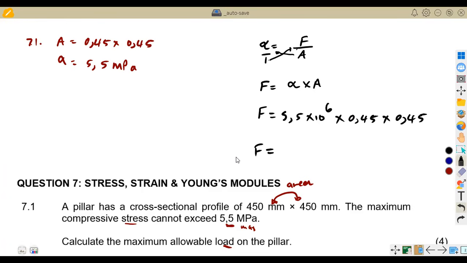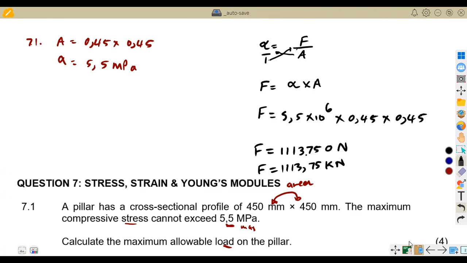If we calculate this, it is going to be 1,113,750 Newton. We can write this in kilonewton, that's 1,113.75 kilonewton, which you can also write in meganewton, because you can even divide by 10 to the exponent of 6.